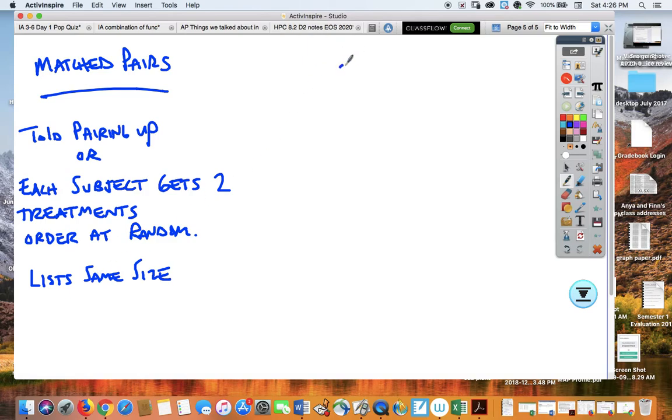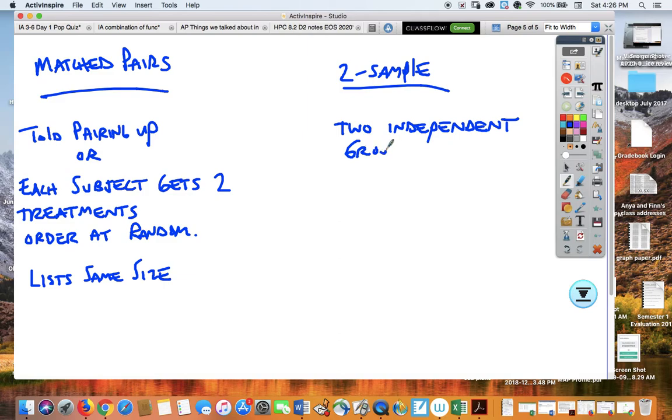Okay, let's look at a two sample. Two sample would be you've got two completely independent groups. So like we had an example where it was like suburban versus urban, or it could be like BSM versus Apple Valley High School.